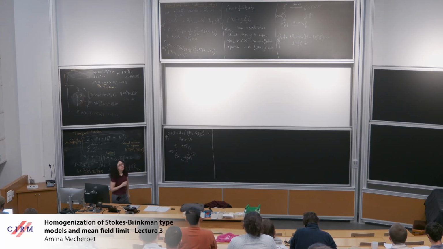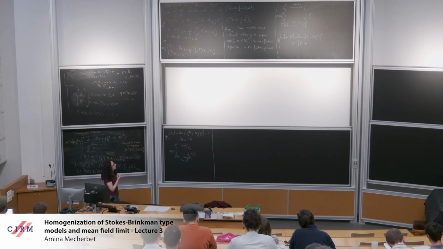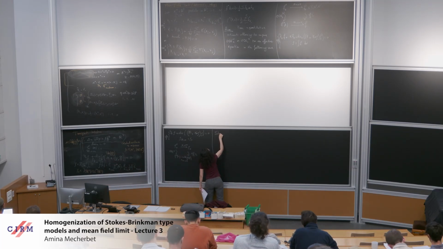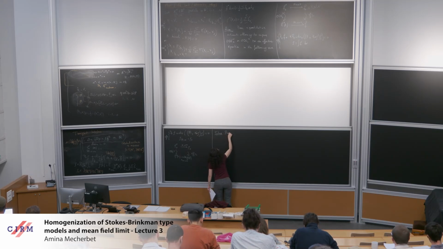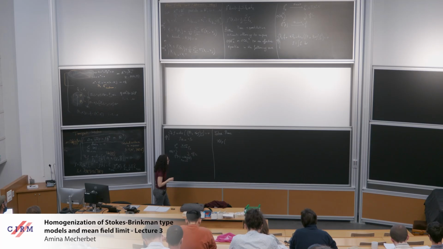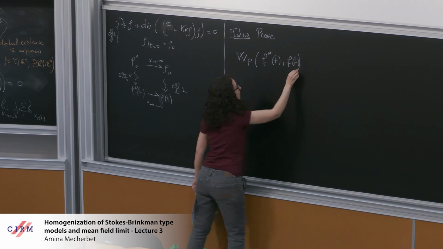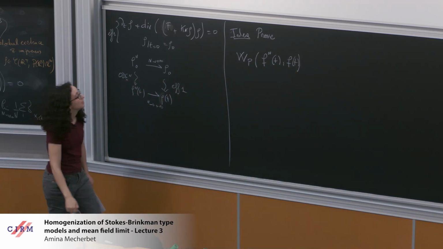And so the idea is that something which will ensure the convergence at each time is to have some quantitative estimates in terms of the Wasserstein distance, because the Wasserstein distance is something which metrizes the weak convergence of measures. So the idea is to prove something like this, and I will define in some minutes what is the Wasserstein distance, but you have to think of it as a metric for the space of probability measures.